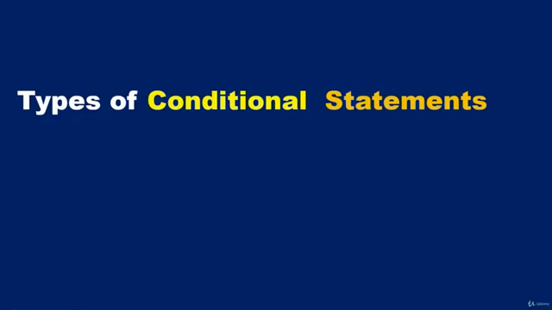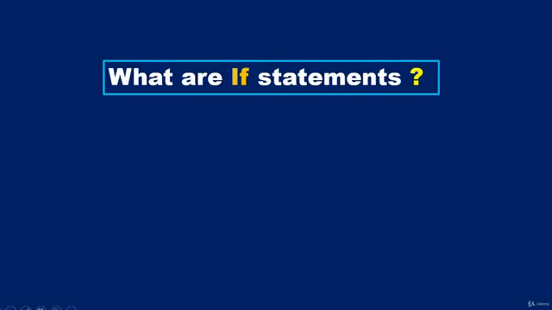There are three main types of conditional statements. There are the if statements, the elif statements, and the else statements. What are if statements? If statements are used to check conditions before executing a certain block of code.